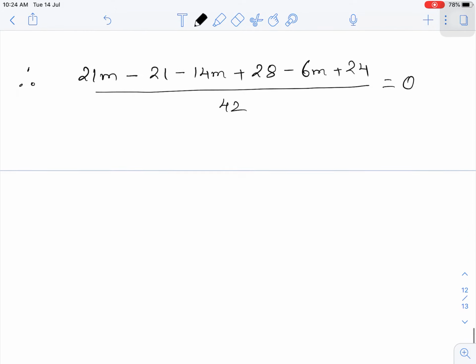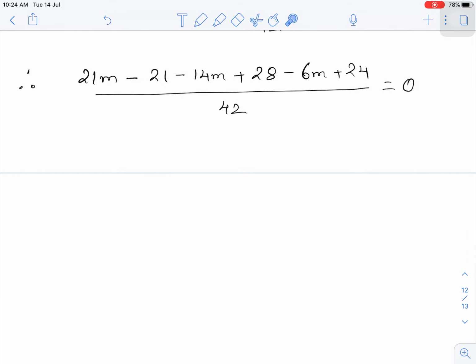Now what we will do, we will change the side of this 42. Now here it is dividing, if it goes on the other side it will multiply. By that time on left hand side we can bring the terms with m together.